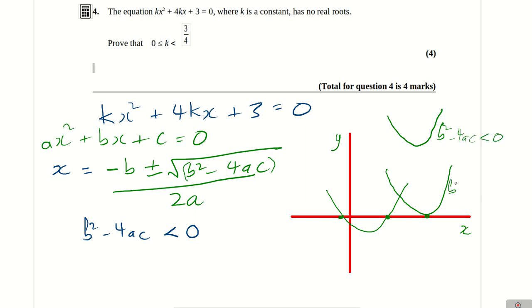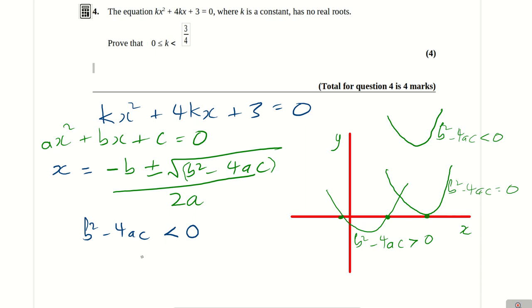In this situation here, we have b squared minus 4ac equals 0, and in this situation here, we have two real roots, b squared minus 4ac greater than 0. Now we want it to have no real roots, so we want the condition b squared minus 4ac is less than 0.